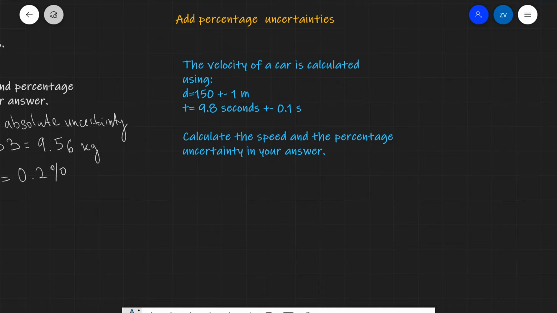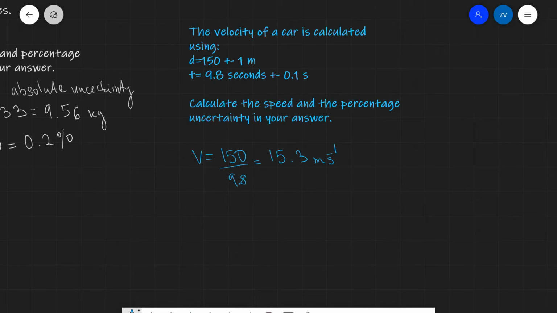The first thing to do would be to calculate the speed. Okay, well, that's just going to be equal to 150 divided by 9.8. It's not 9.81, it's 9.8, like so, which is equal to 15.3 meters per second. Okay, now let's calculate the percentage uncertainties. So this will be equal to 1 over 150.